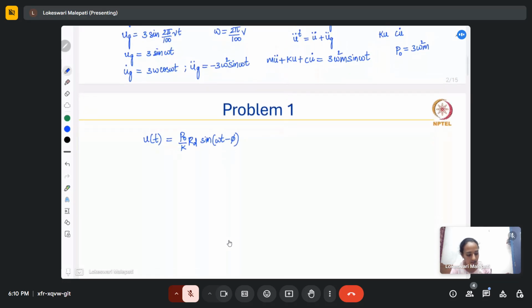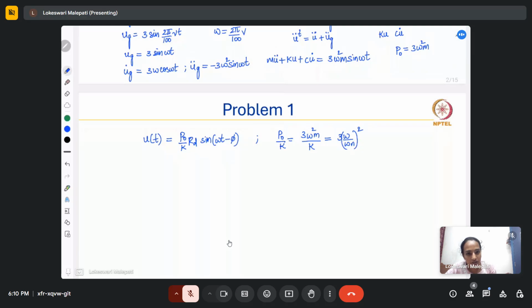So u of t is equal to P naught by k r d sine of omega t minus phi. Here P naught by k is equal to 3 omega square m by k. That is equal to 3 times omega by omega n the whole square, because we can replace k by m omega n square.